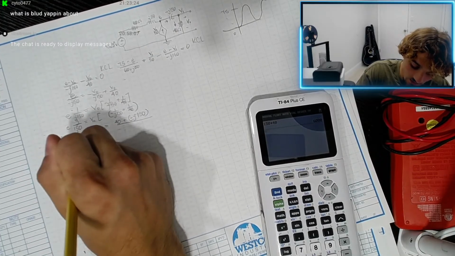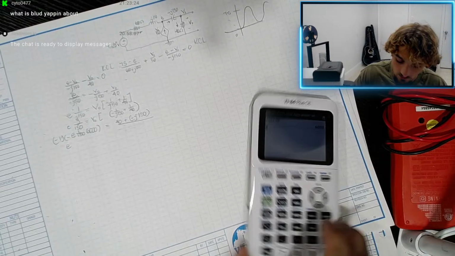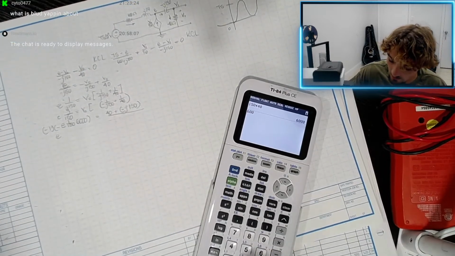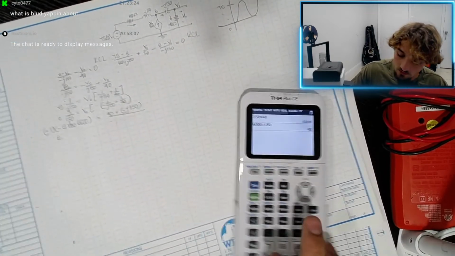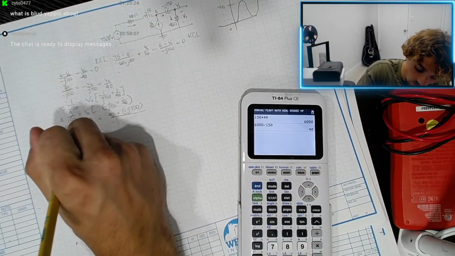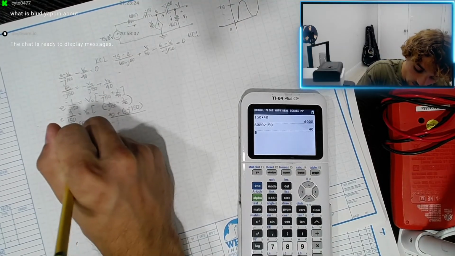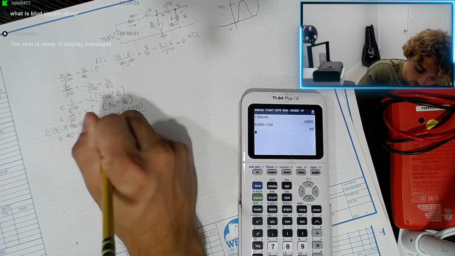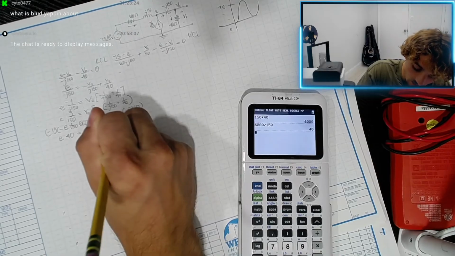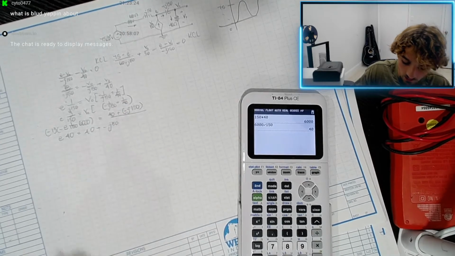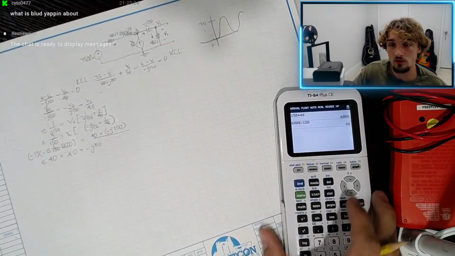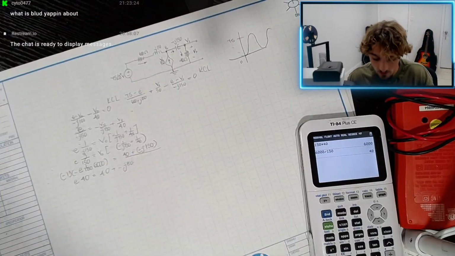Of course, positive. E 150. 6,000 divided by 150 is 40. E 40 equals 40 plus j 150. Okay, E 40 equals 40 negative j 150.